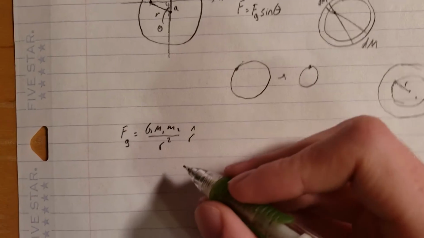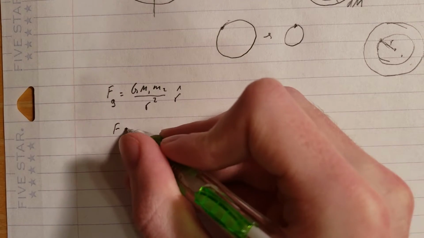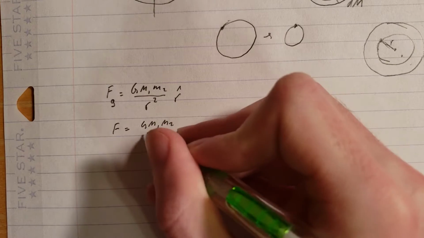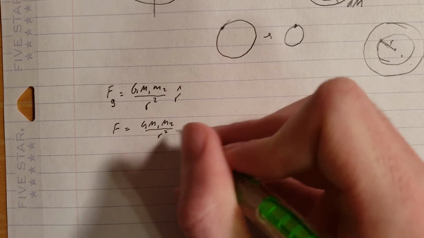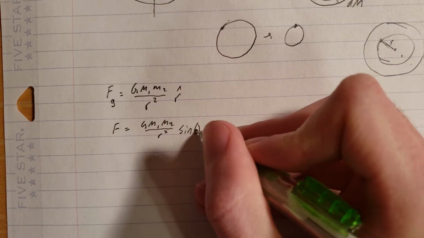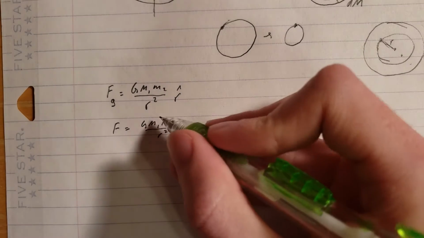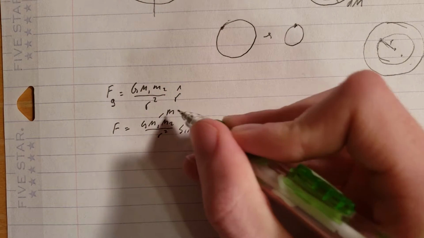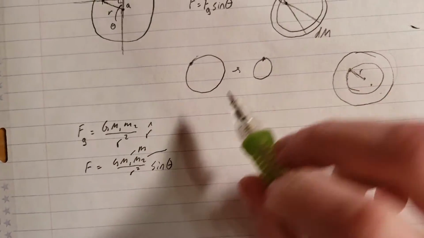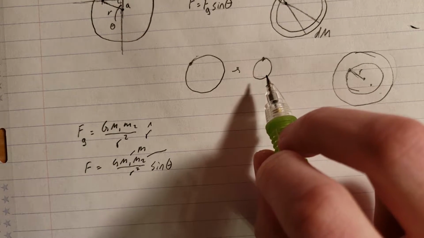So, what we care about, F, is therefore G m1 m2 over r squared, sine of theta, in the x direction. Now, if we just take m1 to be our mass m, we need to take m2 to be the mass of this shrinking or growing sphere that exists below us.